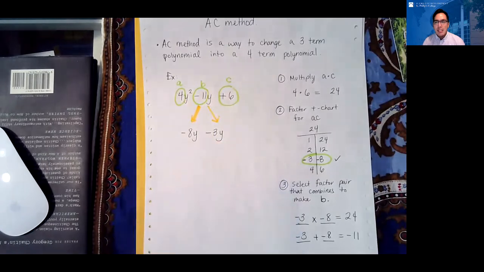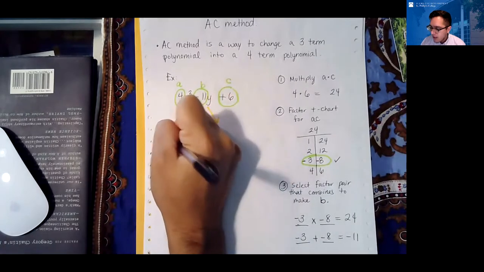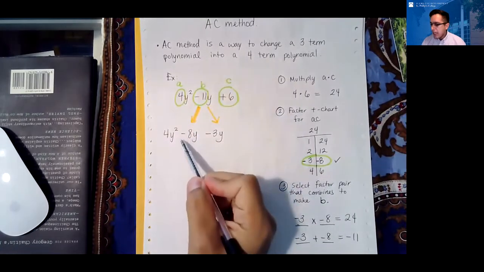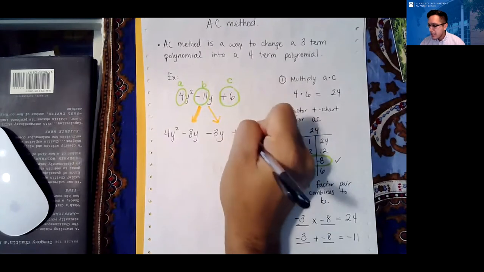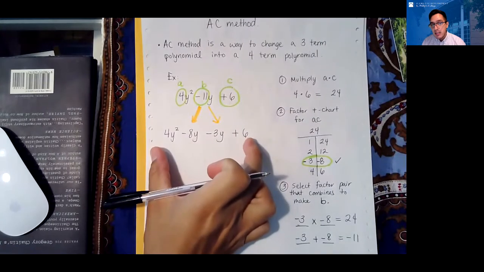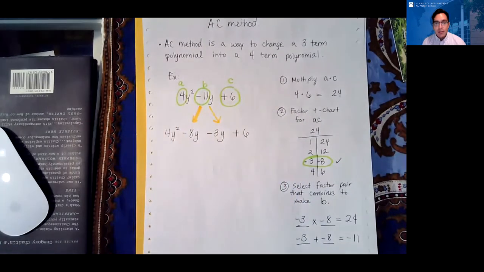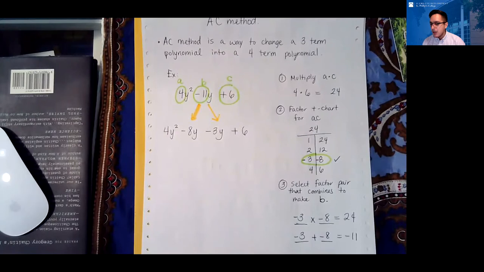So I can write my whole polynomial out with 4 terms: 4y squared minus 8y minus 3y plus 6, and that's an equivalent polynomial with 4 terms to our original 3-term polynomial. Are you guys okay with that? Do you have any questions? So far, so good.